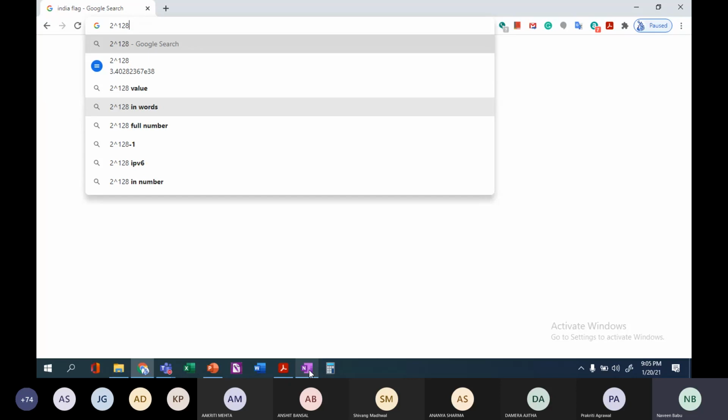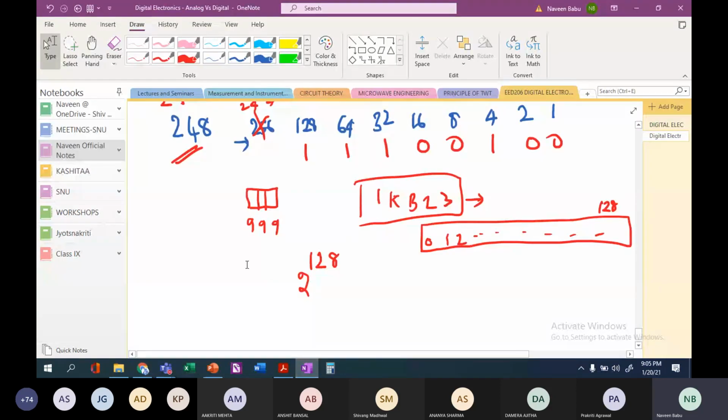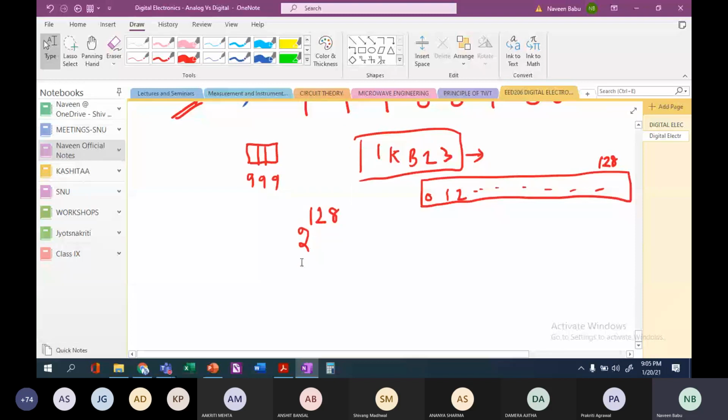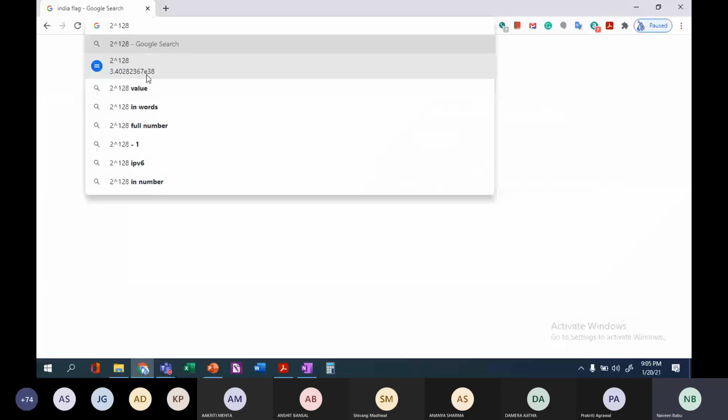Very, very large, right? So that is why your password system, especially for banking, is very, very safe. If you want to run through all these particular values, 2 power 128, then it will take maybe 15 years, 100 years to complete one cycle to check the password.